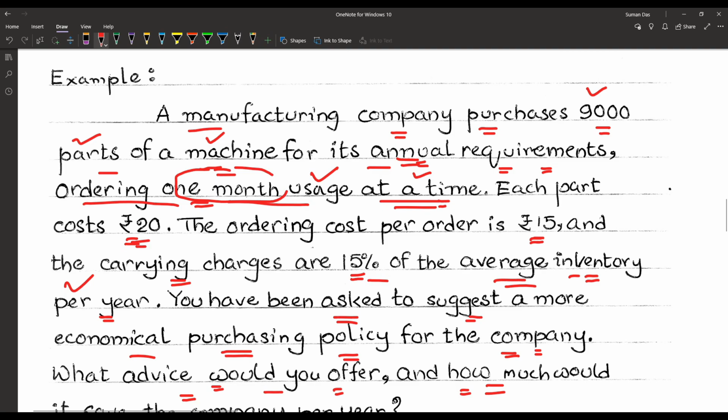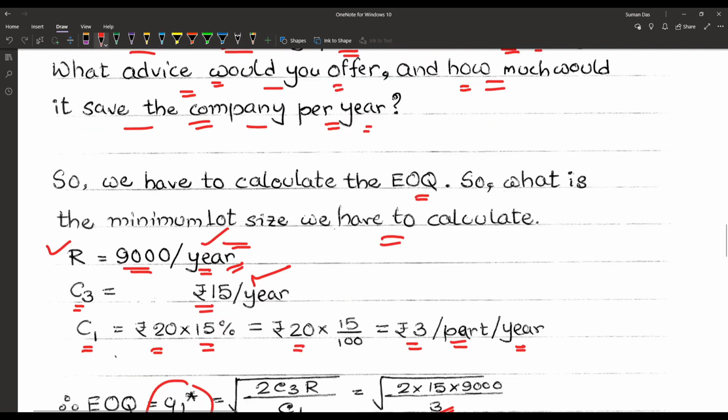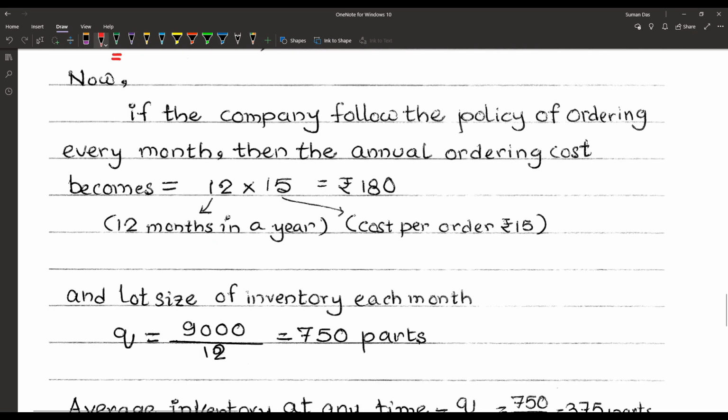That means ordering 1 month's usage at a time. Now if the company follows the policy of ordering every month, then the annual ordering cost becomes 12 into 15. 12 means the 12 months in a year, and 15 means the cost per order, because each and every month the company is giving an order.